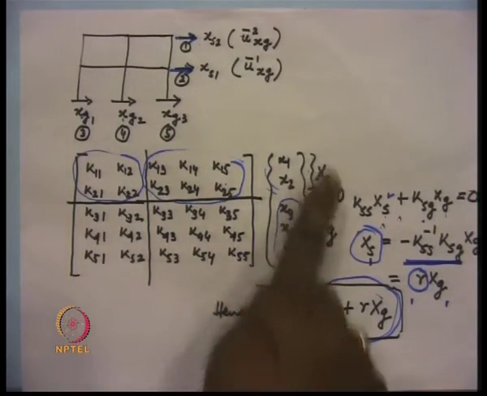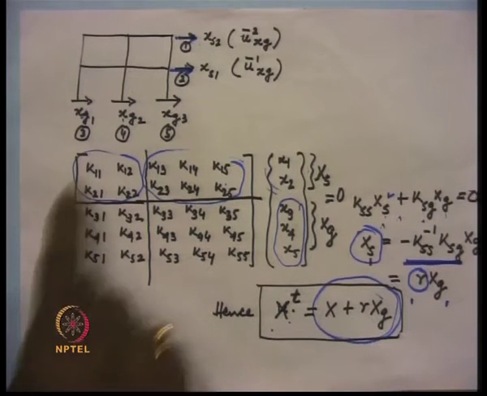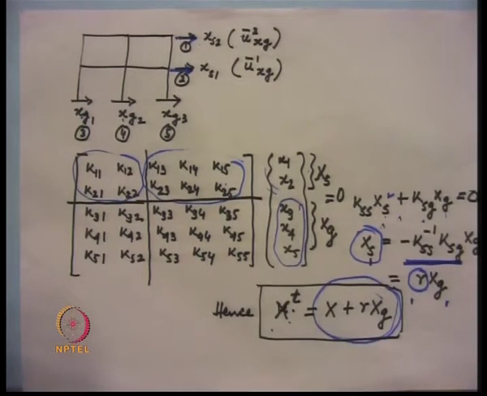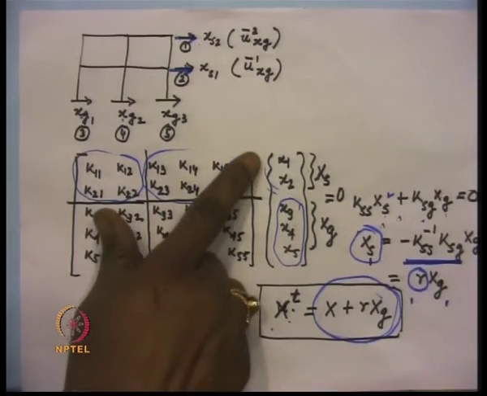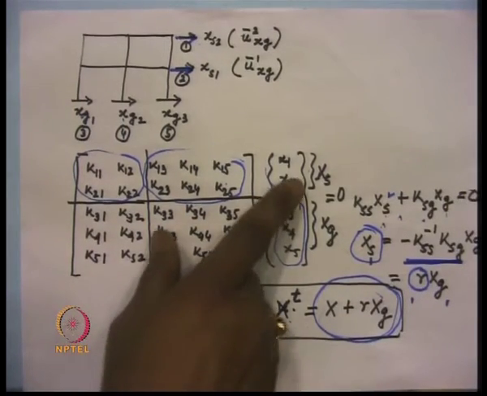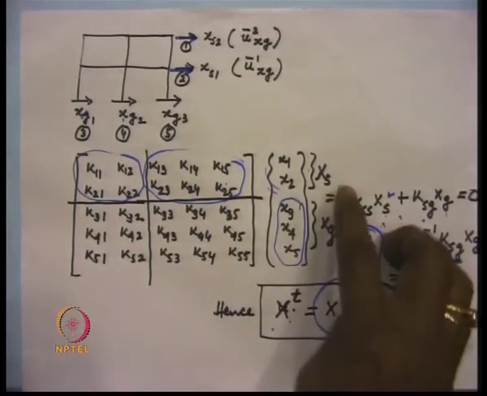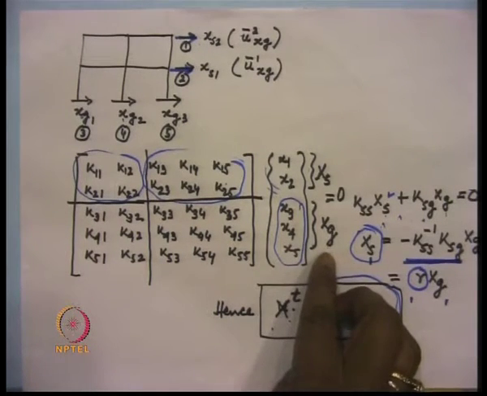And once we write down this stiffness matrix, we partition it into non-support degrees of freedom and support degrees of freedom. Non-support degrees of freedom are called say xx, and the support degrees of freedom are called say xg.